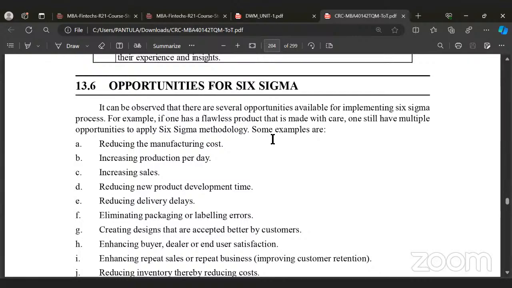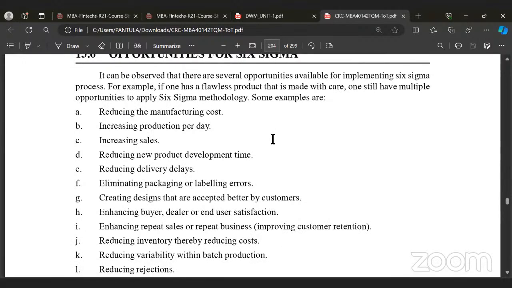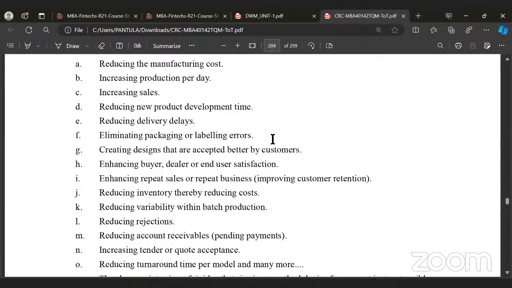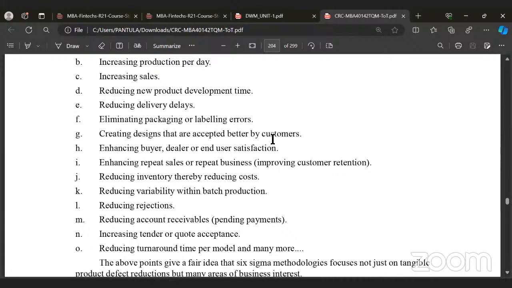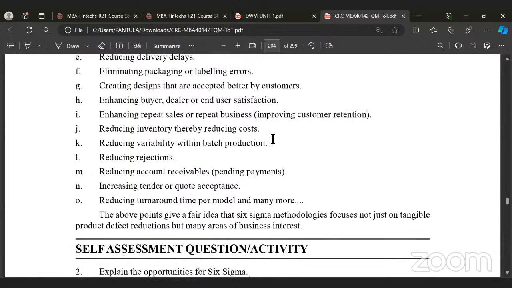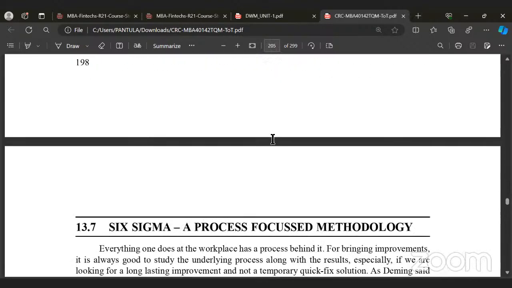One is reducing manufacturing cost, increasing production per day, increasing sales, reducing new product development time, reducing delivery delays, and eliminating package labeling errors, creating designs better accepted by customers, enhancing buyer, dealer, and end user satisfaction, enhancing repeat sales and repeat business, reducing inventory, reducing variability within batch production, reducing rejections, reducing accounts receivable, increasing tender or quote acceptance, reducing turnaround time, and many more. So these are the advantages.